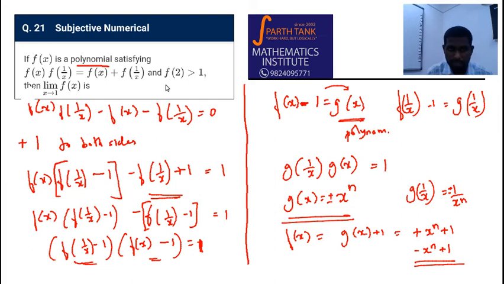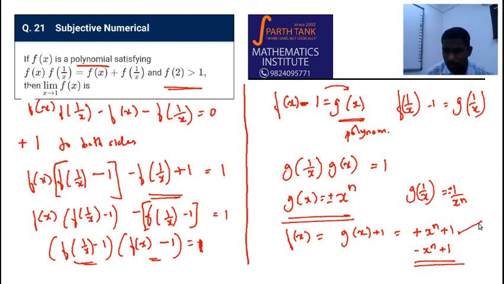Now use this condition, f of 2 should be greater than 1. If f of 2 should be greater than 1 for any n here, then you can't have this minus condition, because this would make it less than 0, a negative value, right? Let us say n is 2, then minus 2 squared plus 1 is minus 3. So f of 2 cannot be greater than 1.